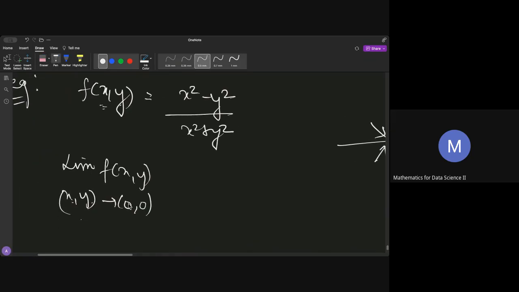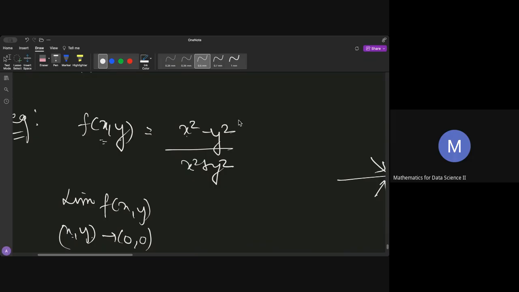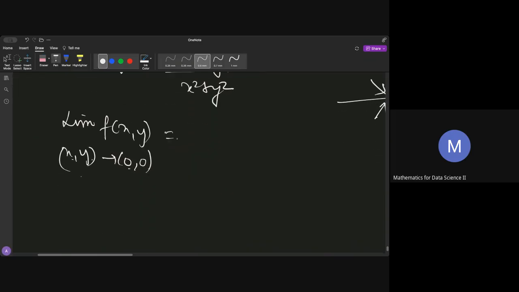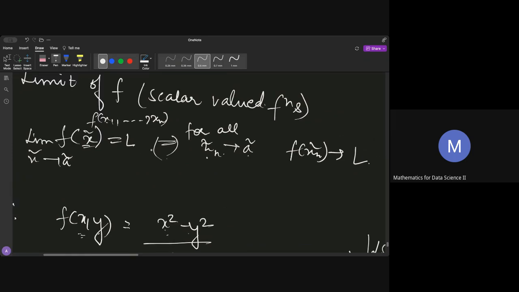So if x moves to 0, if I just substitute the values, I'll get (0 − 0)/(0 + 0), which is 0/0 form. That means we can't directly find the limit by substituting x = 0, y = 0. But let's do one thing. What does the definition say?